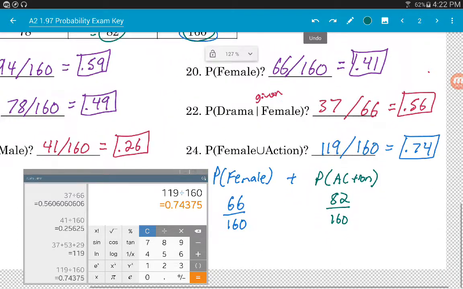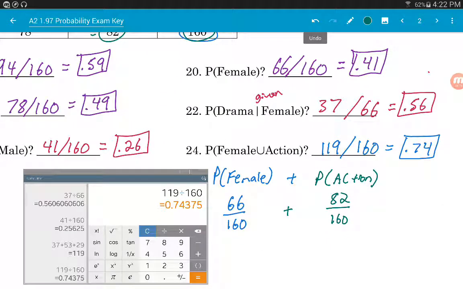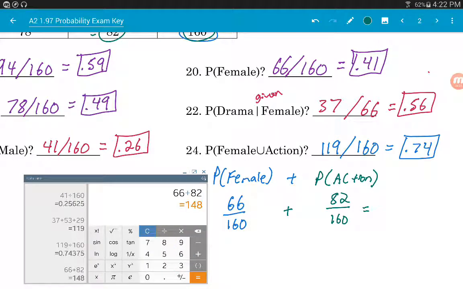I double counted them. If I take these numbers and I add them up, I'm going to get 66 plus 82 is 148 over 160. Now that's almost everybody. That's almost 100%. And look at the difference here. We got 119, you got 148. 148 minus 119, we got a difference of 29.